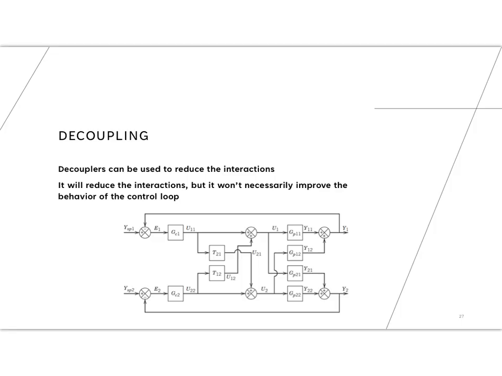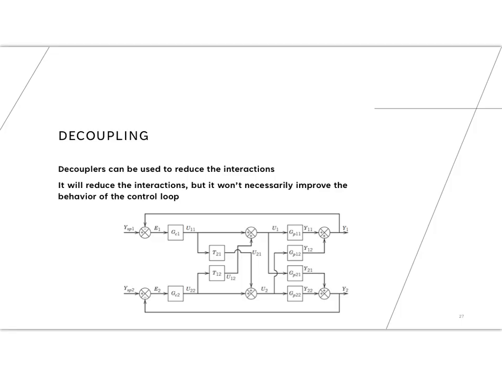As a final topic, I want to talk about decoupling. When the interactions between the variables are just really large and they are causing stability issues, so you're not able to get a very functional control system, we can add in a decoupler and it can reduce the interaction.